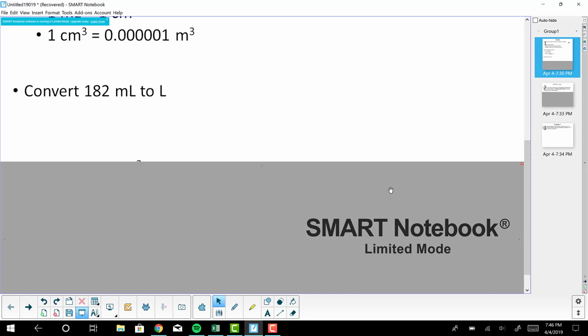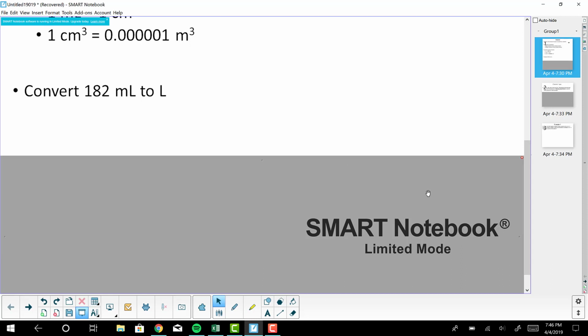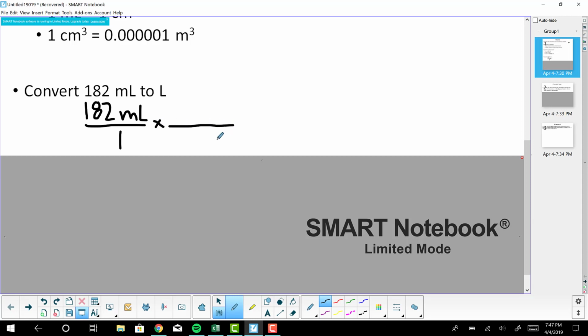So let's convert 182 milliliters to liters. Just like the conversions that I did with pressure, the first thing that I'm going to do is put 182 milliliters immediately over 1. Remember that the 1 is just a placeholder. Then I'm going to set up my fraction. The unit that I'm canceling out of goes on the bottom, so milliliters goes on the bottom, and liters goes on the top.